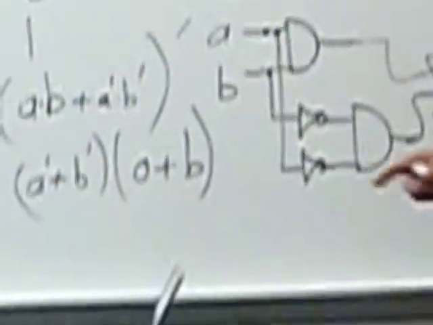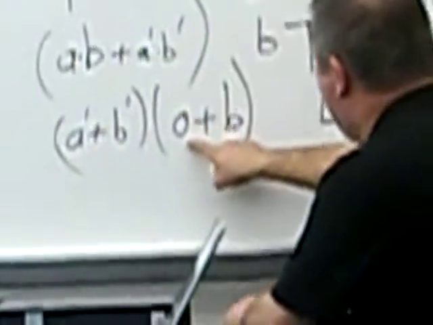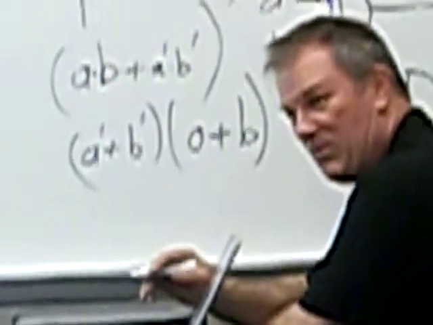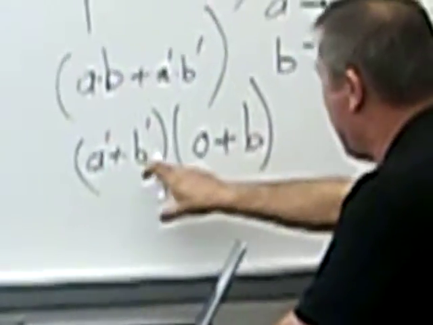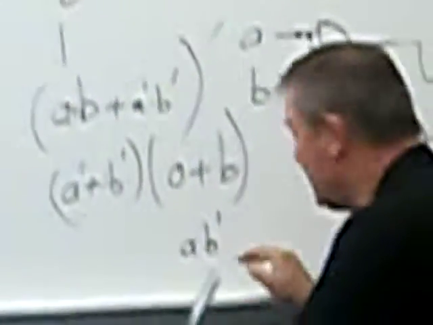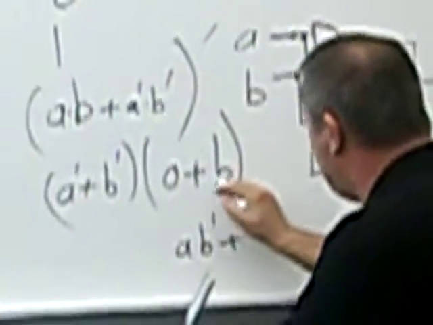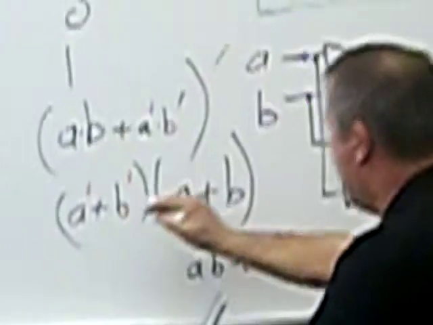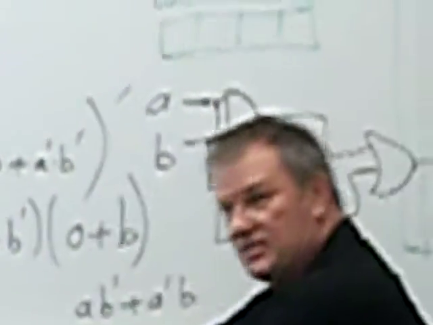Now, if you multiply it out, let's multiply it out. What's A and A naught? It's 0, right? So what's A and B naught? A, B naught. And what's B and A naught? Which is A naught B. And what's B and B naught? 0.